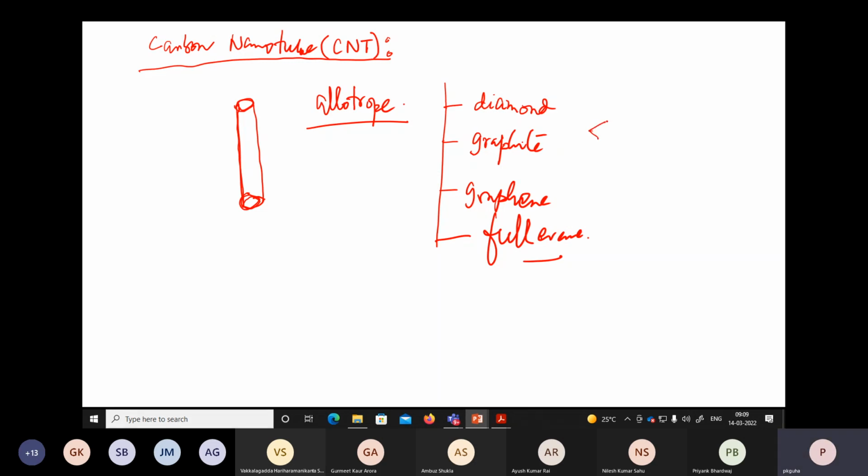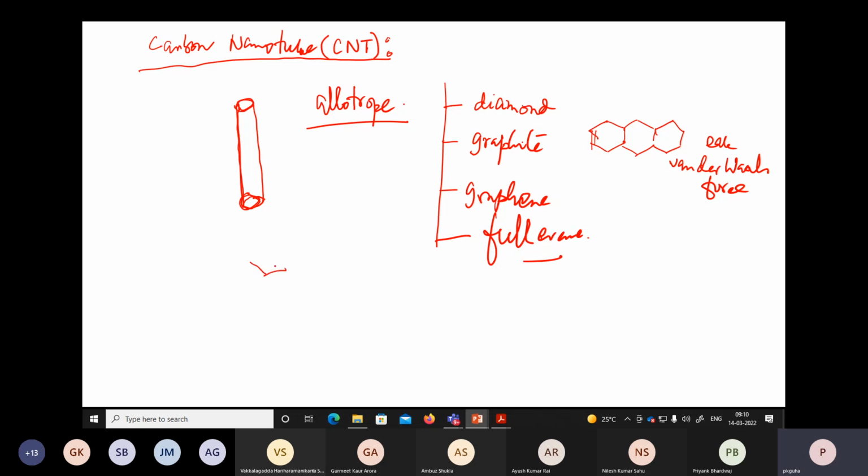There are several hexagonal sheets on top of one another connected by weak van der Waals force.